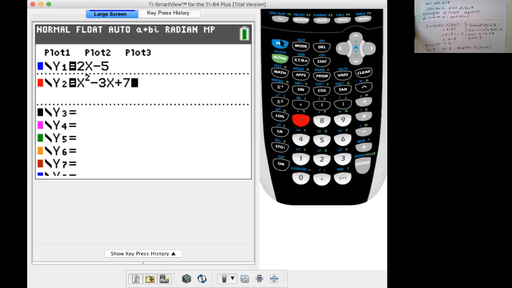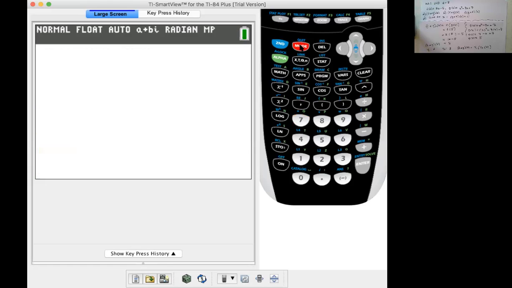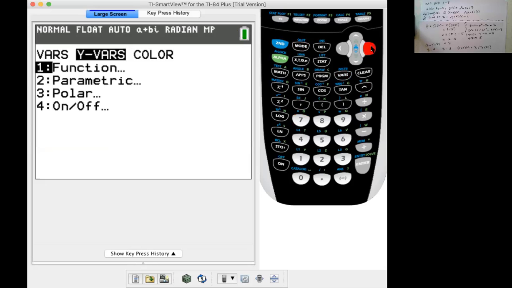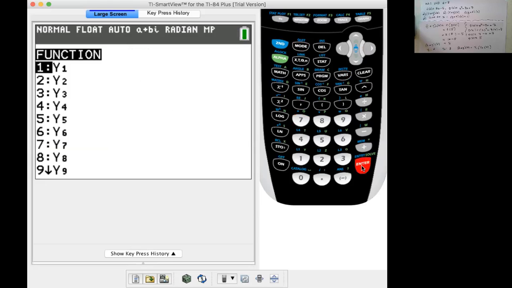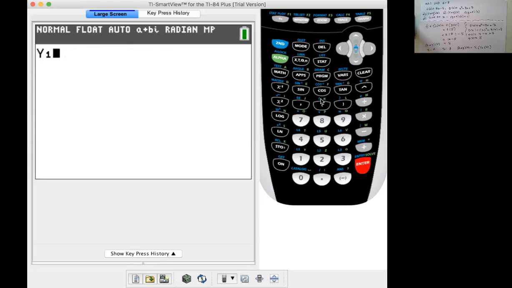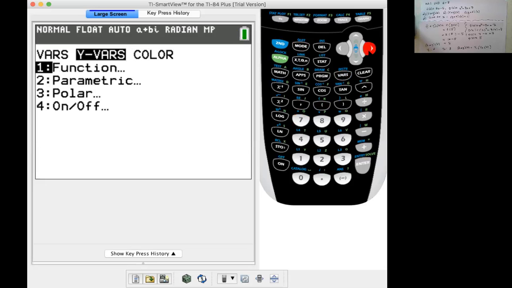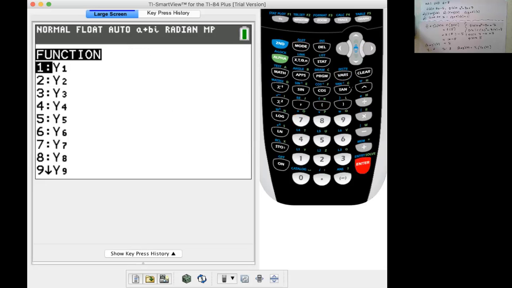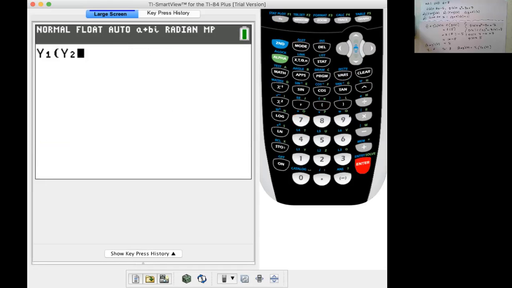Now I need f circle g of 2, I need f of g of 2, I need y1 of y2 of 2. How do I do that? Vars, y vars, function y1, that's f of y2, vars, y vars, function y1 of y2 of 2, and I hope the answer is going to be 5.